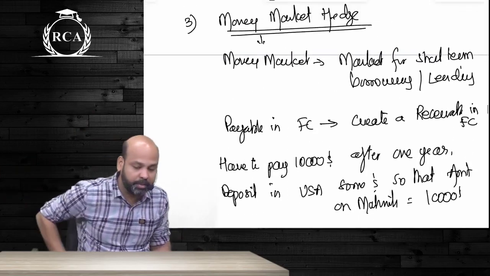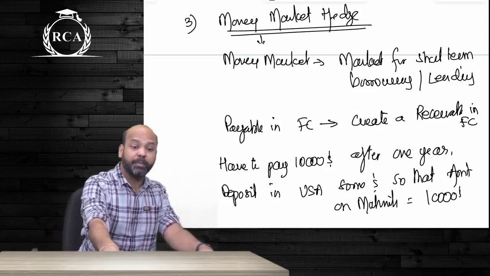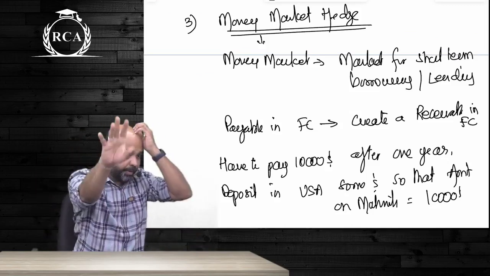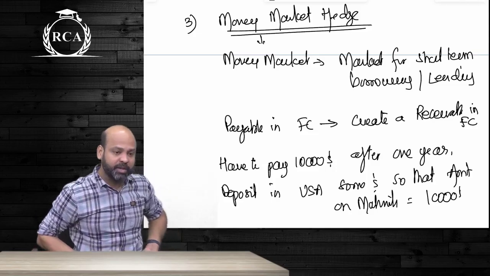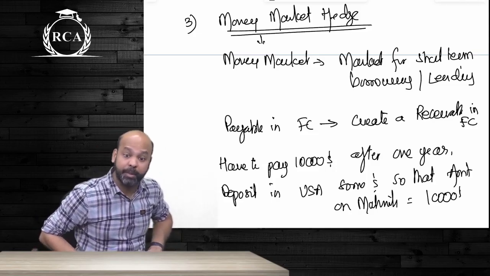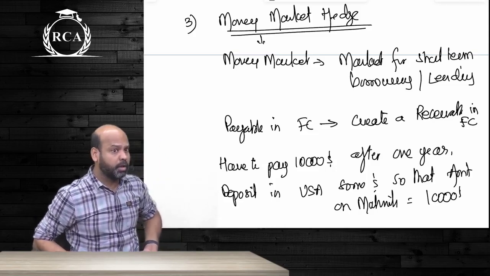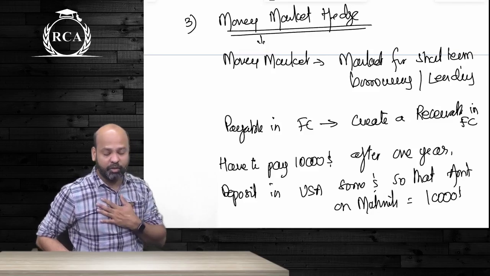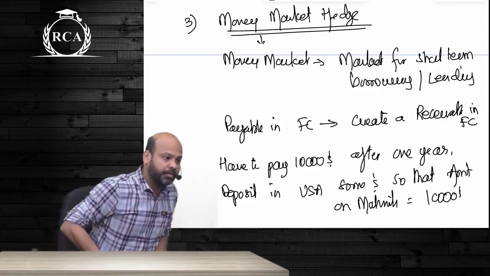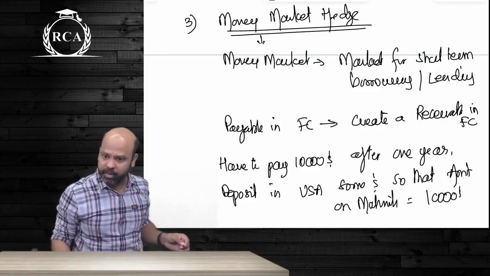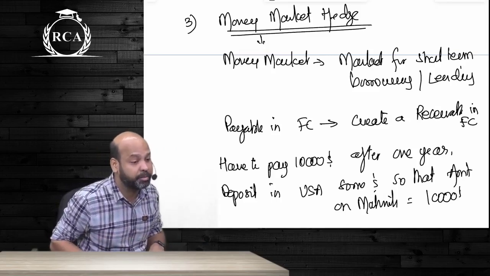What do you do under a money market hedge? You are basically creating a receivable or payable in the foreign currency itself. In case you have a foreign currency payable, you will create a receivable in foreign currency by depositing in foreign currency today itself. This is as good as covered interest arbitrage, but here we have an underlying receivable or payable.